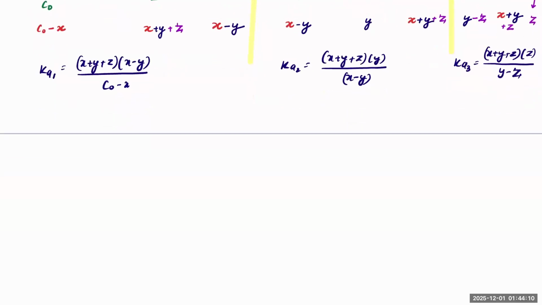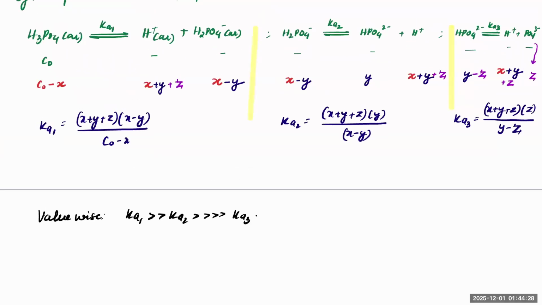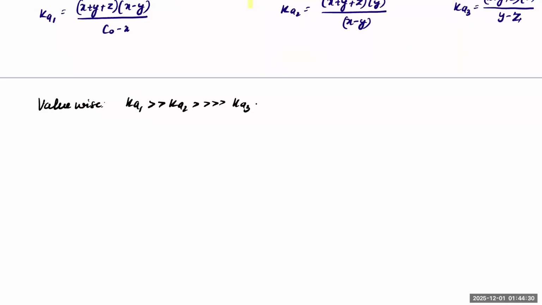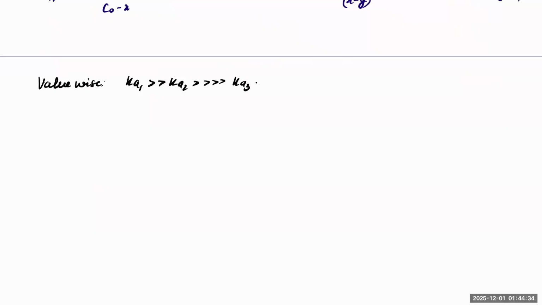And you know the Ka1, Ka2 values also. Value wise, you will notice Ka1 value is far greater than Ka2, which is far greater than Ka3. And because of that, again, I can say X, Y, and Z are ignorable in front of them.